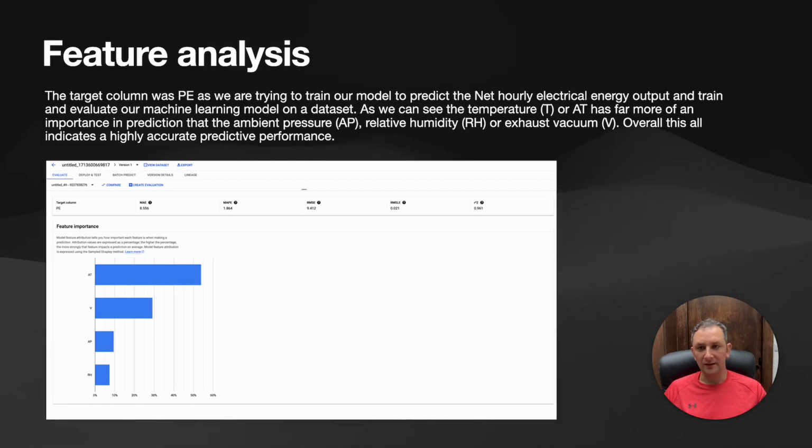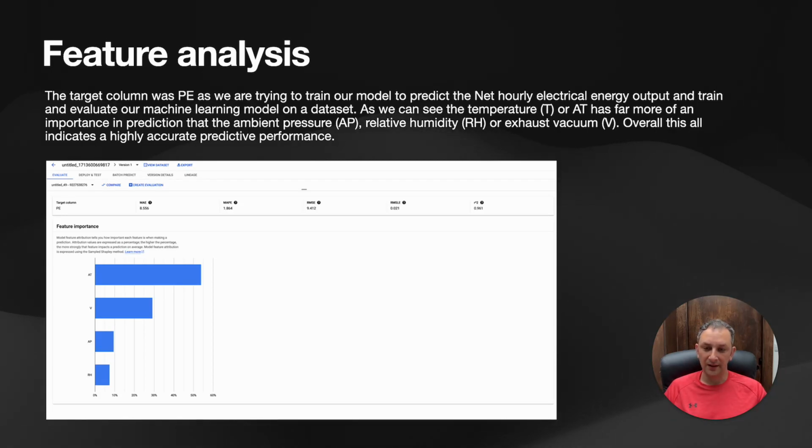So the target column was PE, as I mentioned, and as we can see here, the T column, or AT, is far more important in prediction and accuracy than the other features. I also experimented with mean absolute error, MAE, and RMSE, and they suggested that the model was very accurate with very moderate errors.